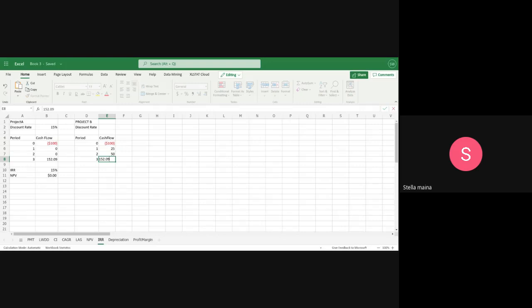So the IRR function below calculates the IRR. So let us calculate the IRR function. So just use the IRR formula.